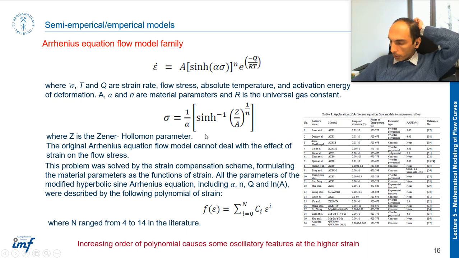So, okay, I was telling that the weak point of this model is that the effect of strain is not reflected in the equation. You cannot see the strain epsilon here and even here. So some researchers tried to reflect the effect of strain by defining the parameters in the equation as a function of strain in this form.